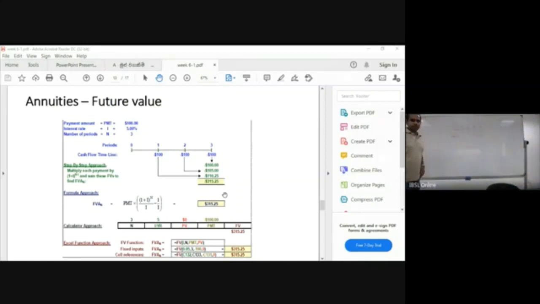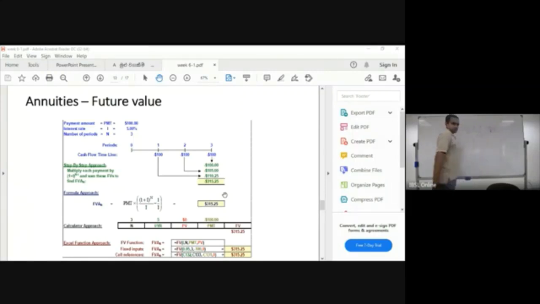Okay, so let's try this example. Every year you're getting cash flows of 100 for the next 3 years. Time period is 3, interest rate is 5%. And how do you calculate the future value? Payment is 100, N is 3, interest rate is 5%.